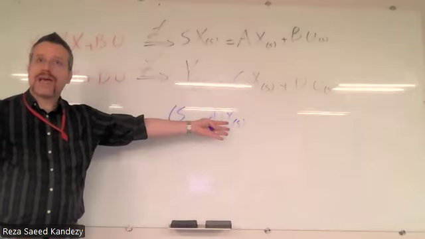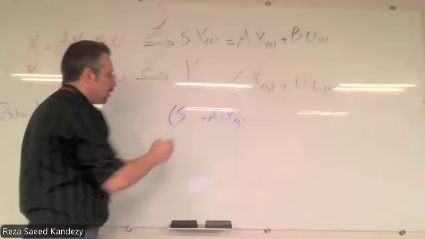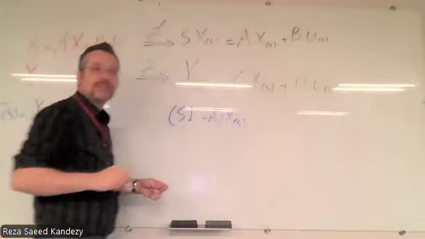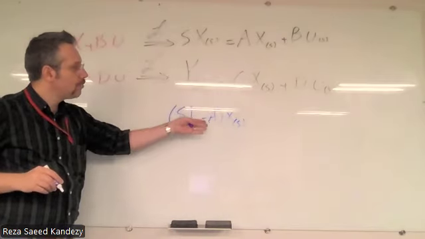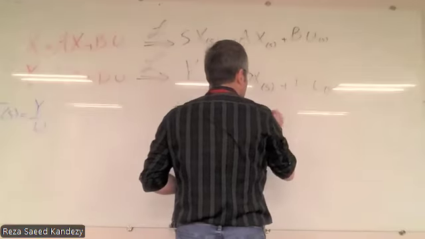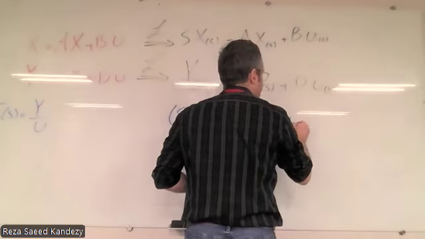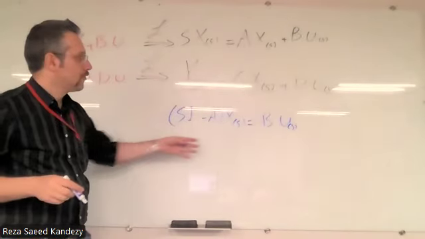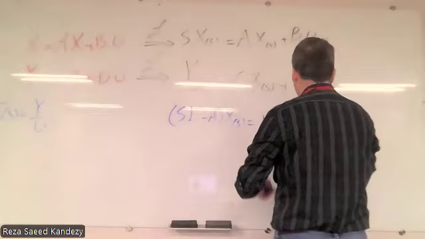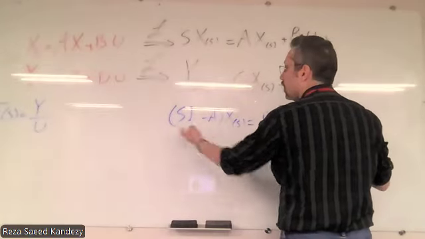These are matrices, so we need to change that to a matrix. How do we do that? We multiply by the identity matrix. So it's going to be sI minus A times x. This is going to be Bu in the S domain.